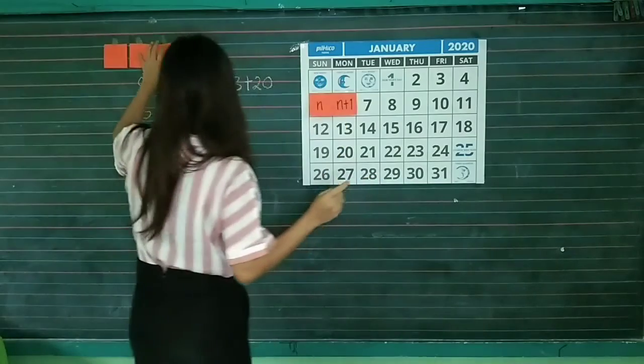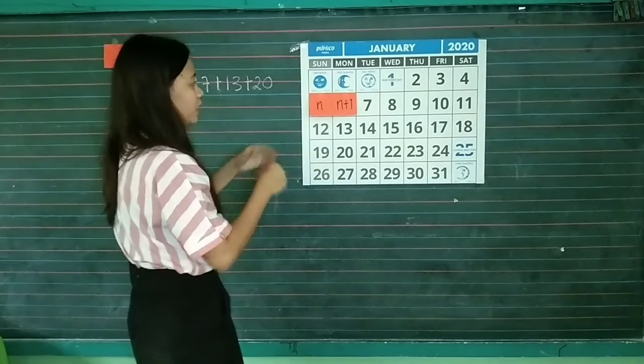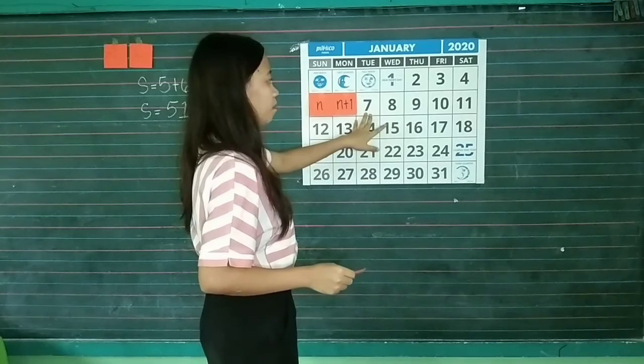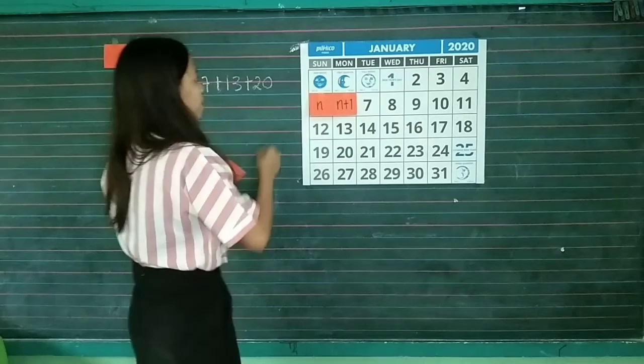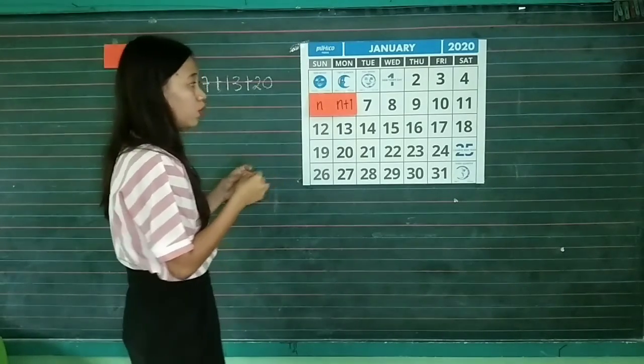The third one, we do the same thing. We subtract the smallest number from the next number, which is 7. So 7 minus 5 is equal to 2.